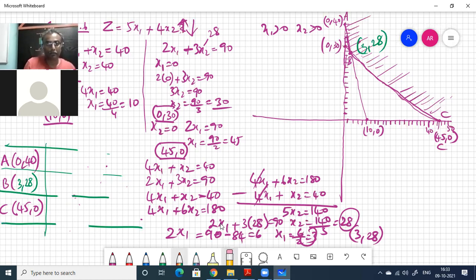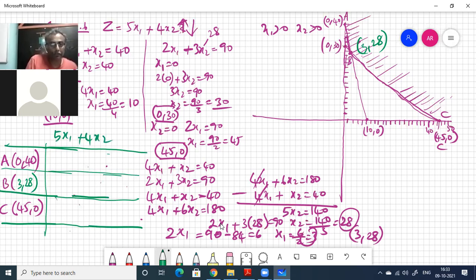Okay, now we'll find. What is the function we have to minimize? 5x1 plus 4x2. That only you'll have to minimize. So 5 into 0 plus 4 into 40. How much is that? 160. Correct.